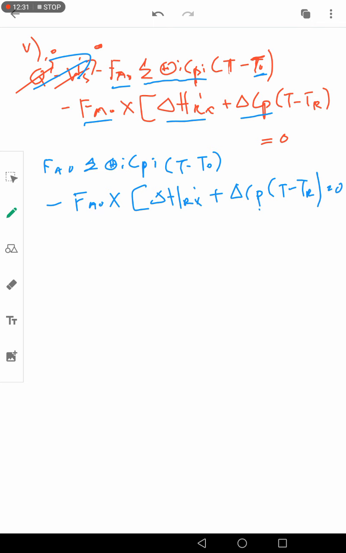Okay. So yang ini data CP tadi you dapat kosong. So yang tinggal you boleh masukkan nilai yang ada ni lah.